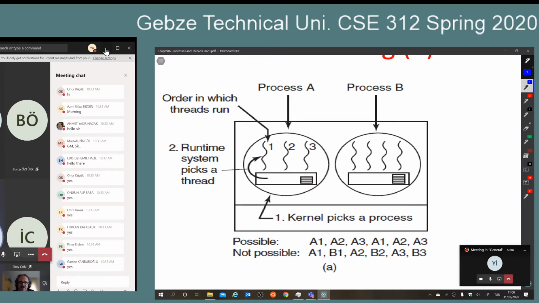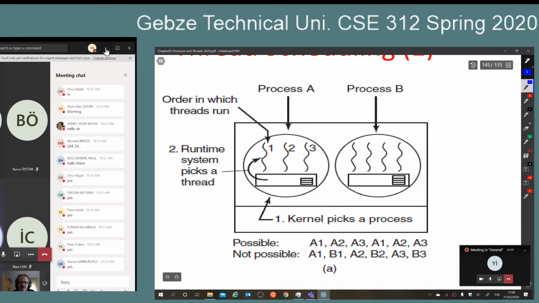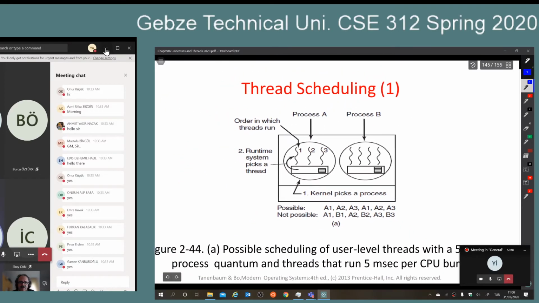So the kernel will let process A run, then it will switch to process B. But inside process A, I have 3 threads, so this is possible as a scheduling example. A1 runs, then A2, then A3, then A1, A2, and A3. So a round robin is running.